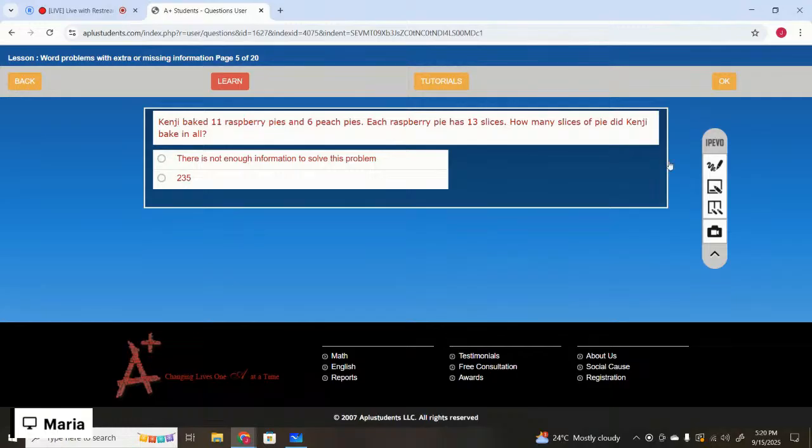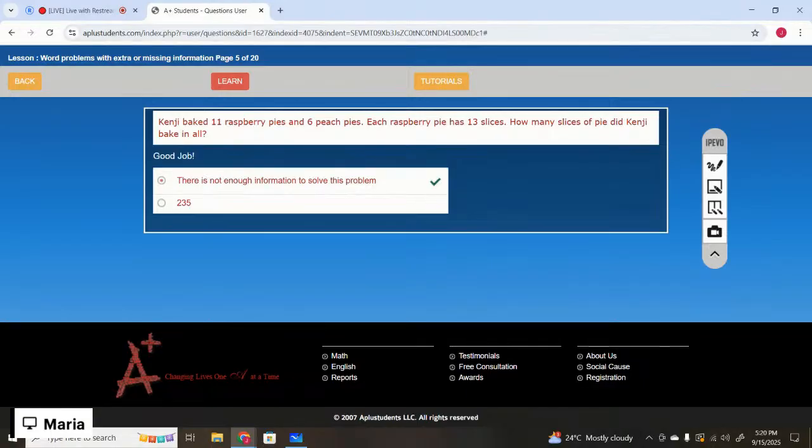So there is not enough information to solve this problem. Option number 1 is the correct option.